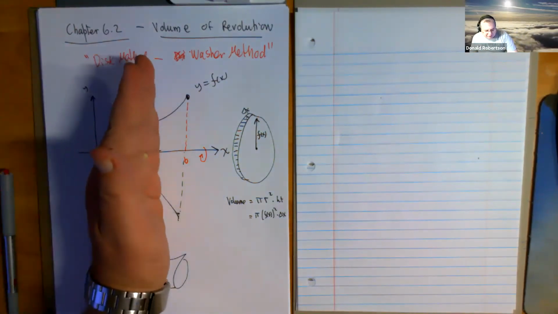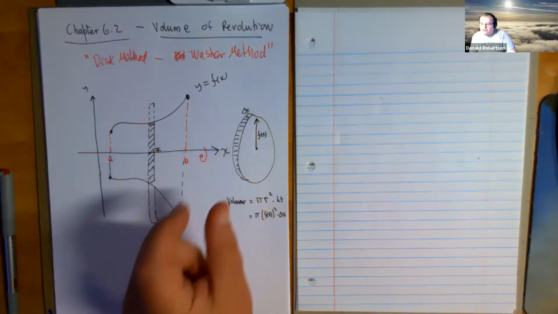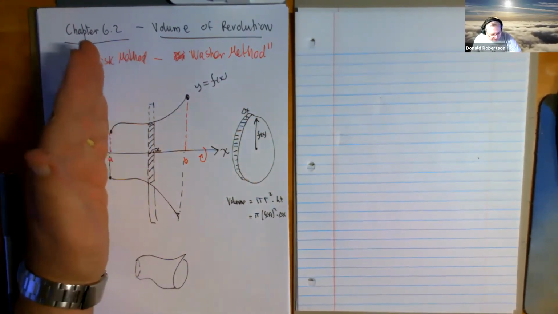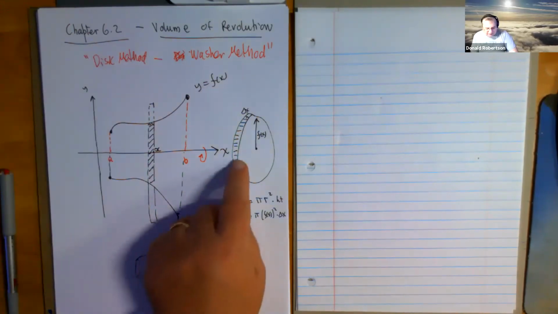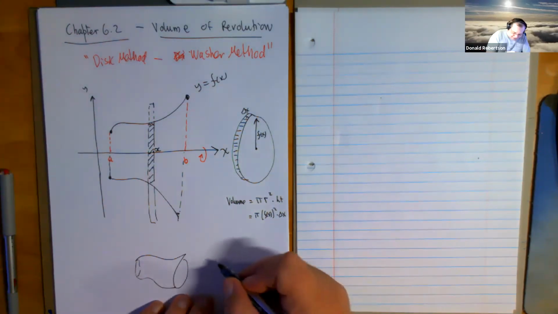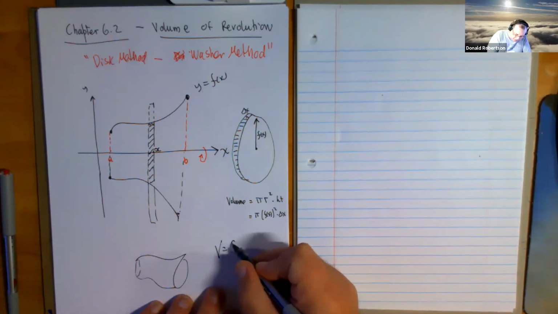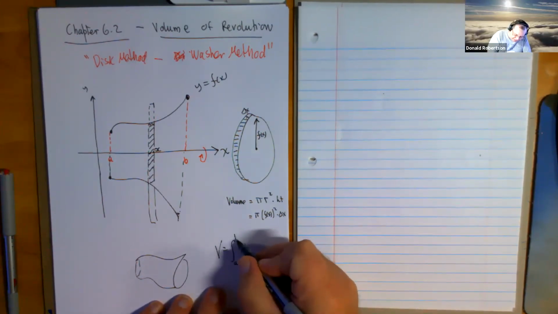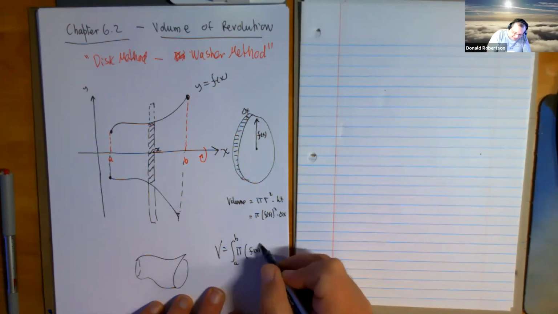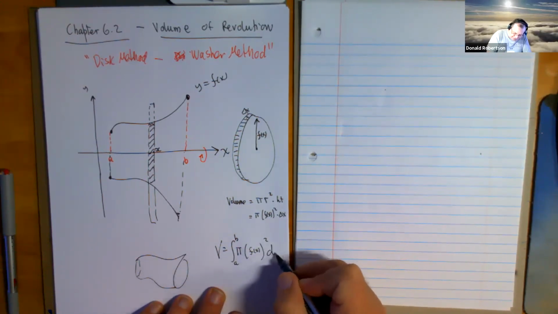And then what you imagine doing is making these little slices infinitely small, but starting at one side and cutting your way all the way to the end. If you added up all these discs, wouldn't that be the volume of the shape? And this is one of the discs. And if you add them all up, you get an integral from a to b of pi f of x squared dx.